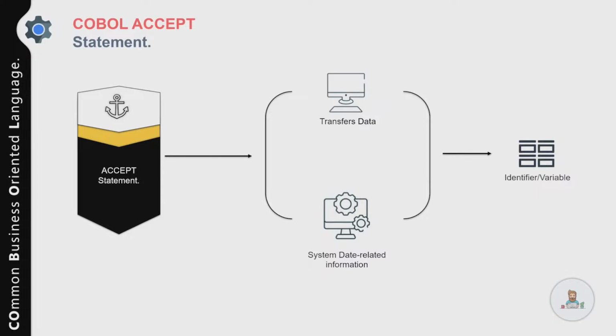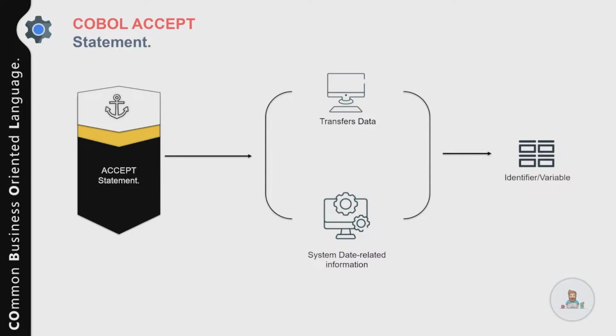The ACCEPT statement is used heavily in applications which are designed to run on a standalone PC. When the ACCEPT statement is executed, the computer waits for the user to type an entry on the keyboard and press the enter key. When the user presses the enter key, the entry is stored in the variable identified on the ACCEPT statement and the cursor moves to the next line on the screen.